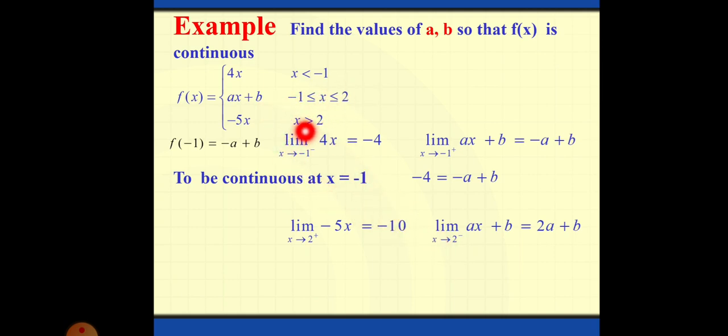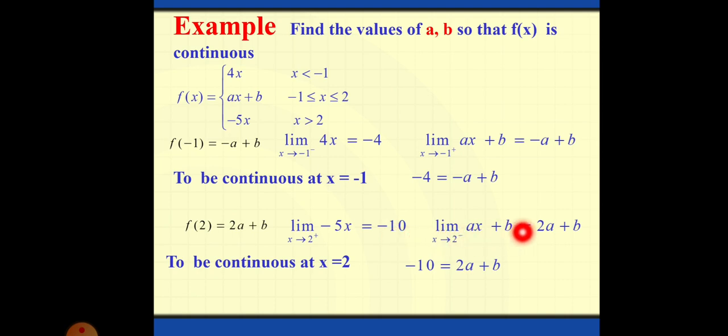So the limit of ax plus b, instead of x you substitute x equals 2, gives 2a plus b. Since this function is continuous at 2, the right limit and the left limit are equal. So we can write -10 equals 2a plus b.